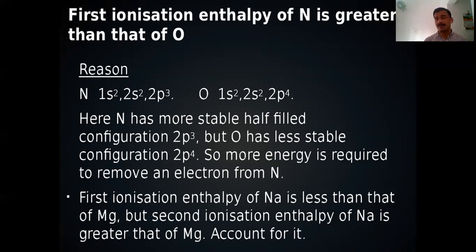Highly stable configuration. It is very, very difficult to remove an electron from such a stable configuration. But in the case of Mg plus, what is the configuration? 1s2, 2s2, 2p6, 3s1. It is very easy to remove that one electron from magnesium. So the second ionization enthalpy of sodium is greater than that of magnesium.